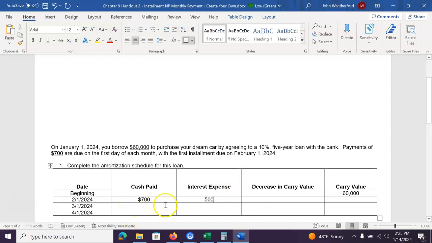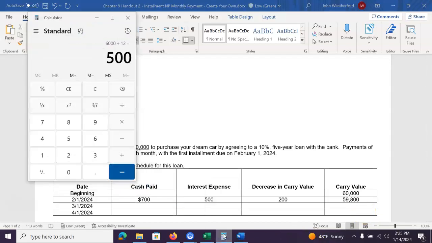All right, now the difference in the payment and the interest expense will decrease the carrying value by $200, so that gets us to $59,800. Now we'll take $59,800 times 0.1, and then divide by 12.